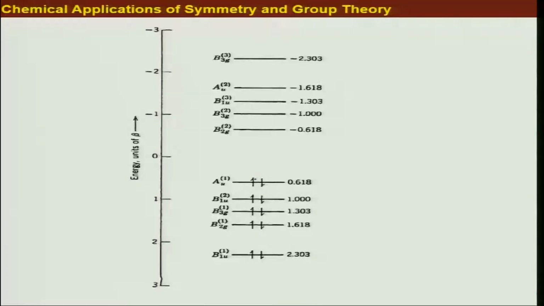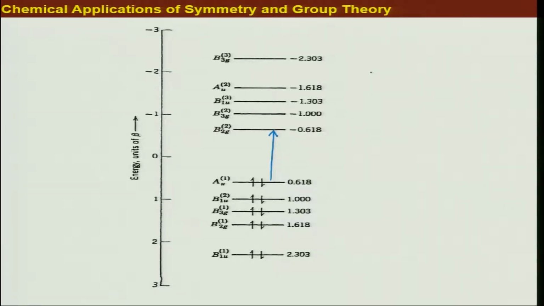So what is the lowest energy gap that I can think of for a transition of an electron from a given state to an upper state? That is obviously, if you look at this picture, a transition from here to this particular state.